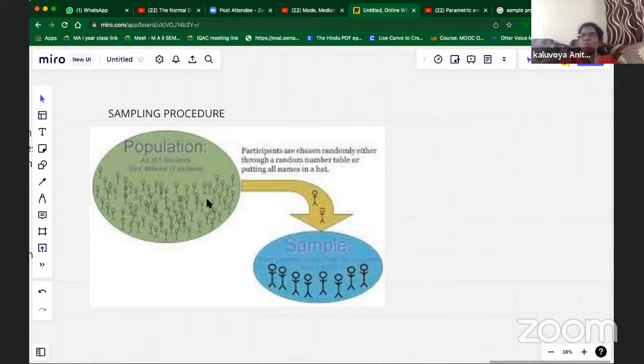From the entire population, because everybody cannot be included, you choose some people. As it is scientific research, there has to be some reason and meaning in what you choose. We will see that now with the sampling procedures. I hope the population and sample concept is clear to all of you, right?